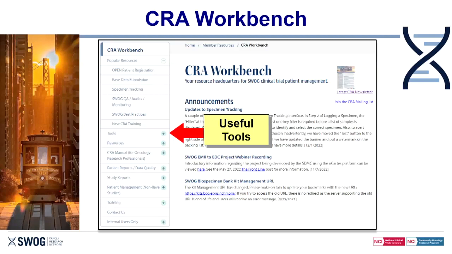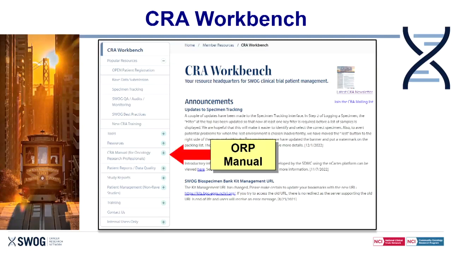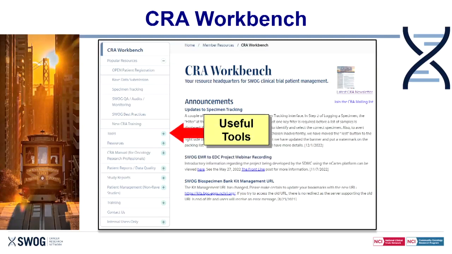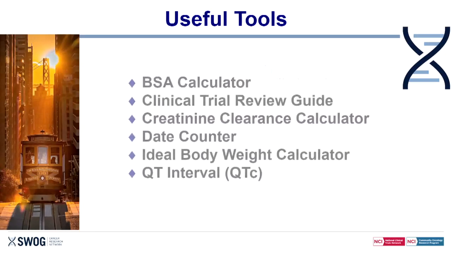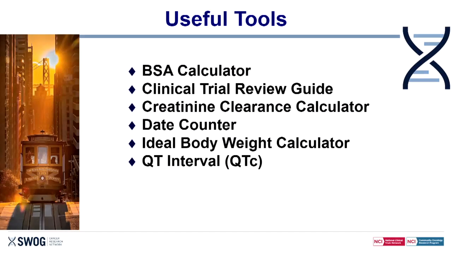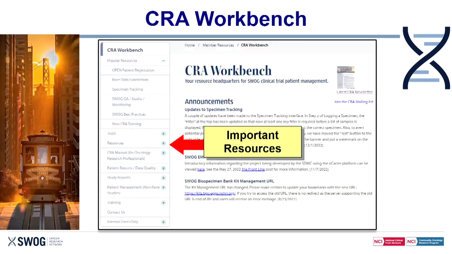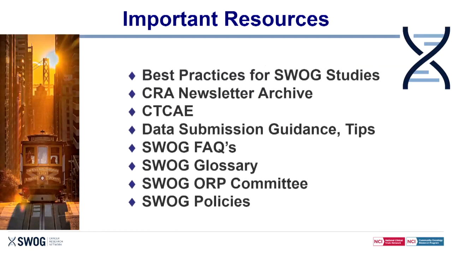I already showed you right there, the ORP manual. If you click on the tools folder, you'll have things like the BSA calculator, clinical trial review guide, creatinine clearance calculator, date counter, ideal body weight calculator, and a QT interval. Under resources, you'll find some other important links.